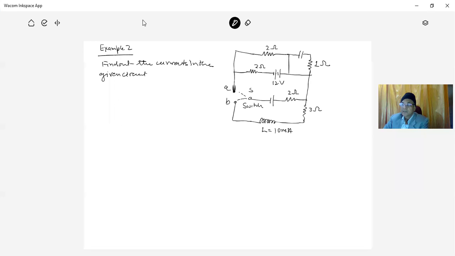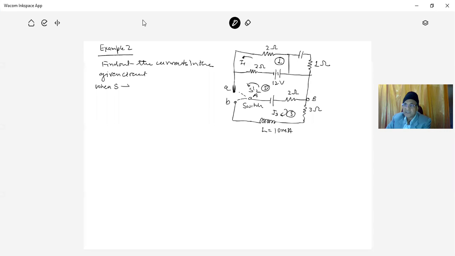Here the current is I1, this current is I2, and this current is I3. So this is mesh 1, this is mesh 2, and this is mesh 3. There are 3 mesh equations. And this point is A and this point is B.